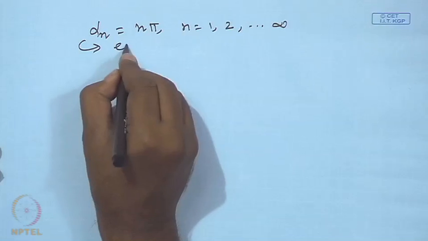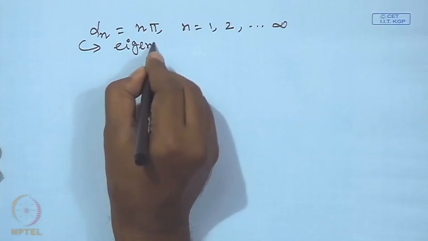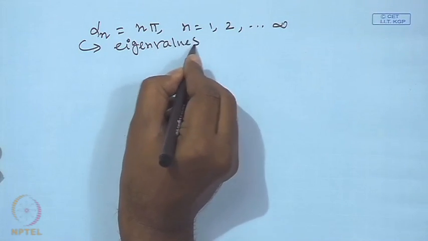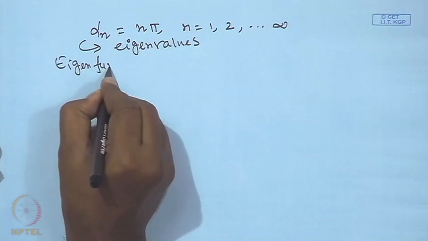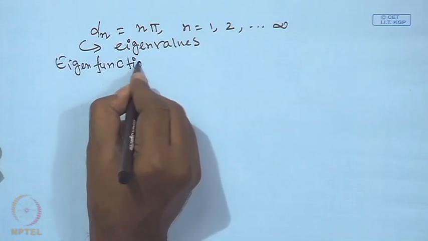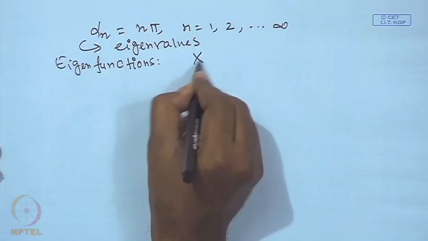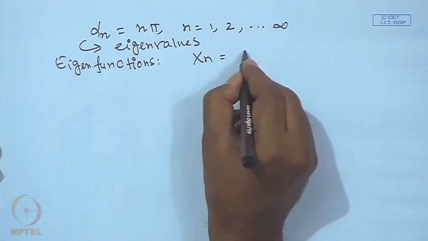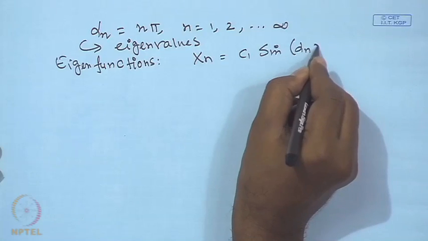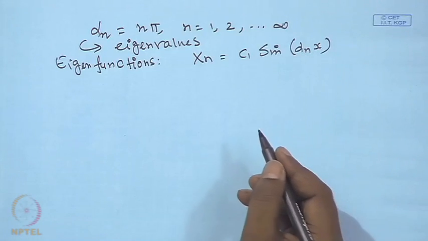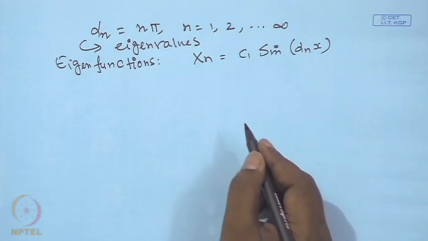These are the eigenvalues, and eigen functions are given by X n is equal to C 1 sin alpha n x, that means C 1 sin n pi x.